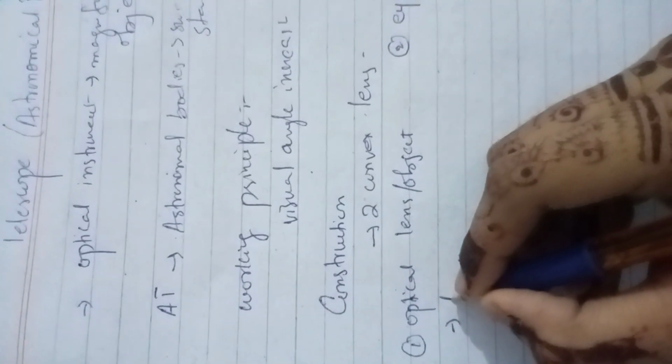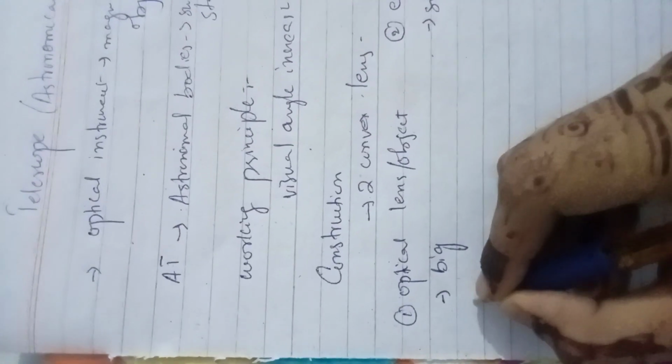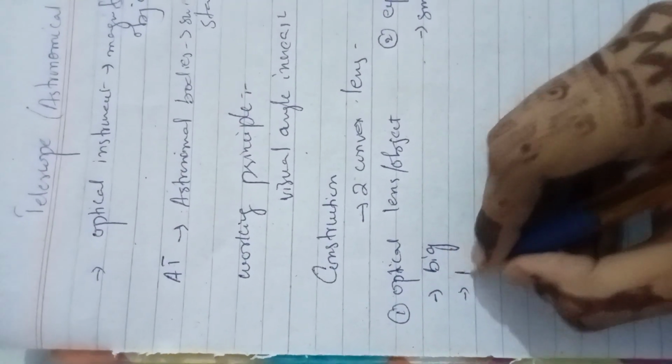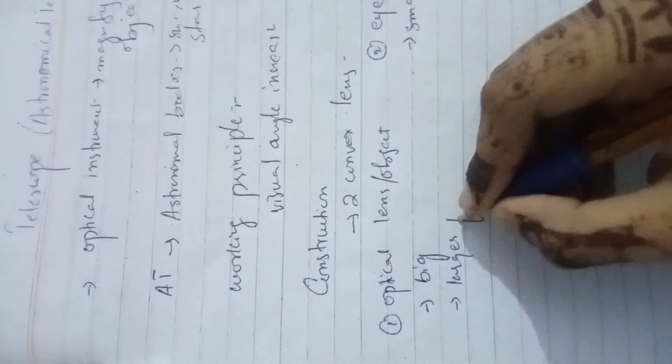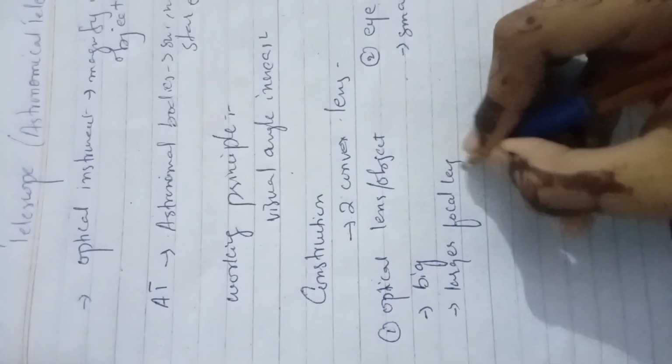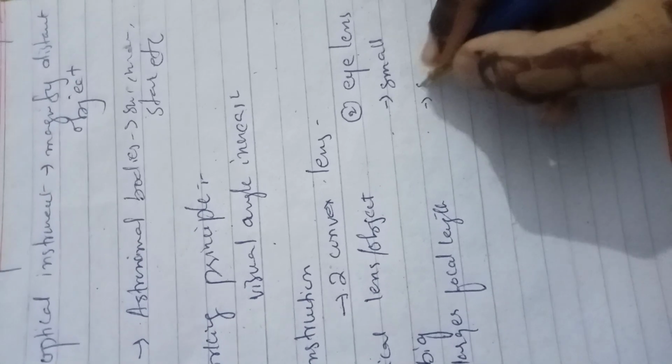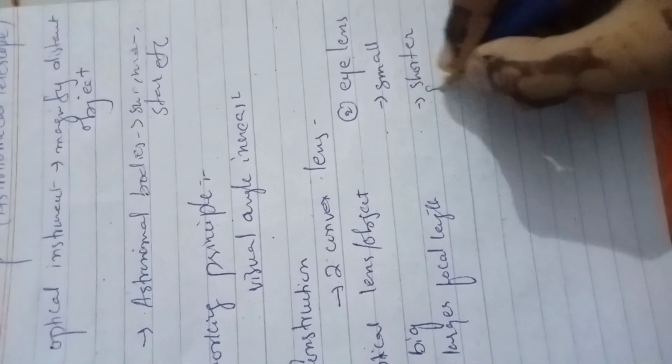The objective or the object lens will be big and the eye lens will be small. Here, if we talk about its focal length, there will be the larger focal length, and here will be the shorter focal length.